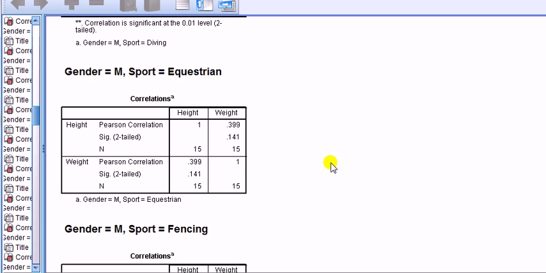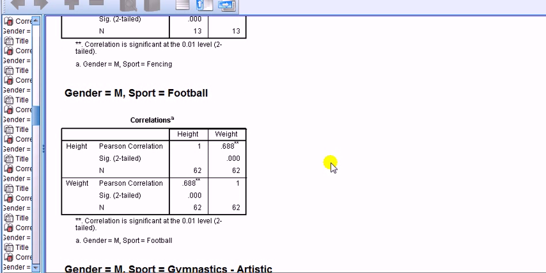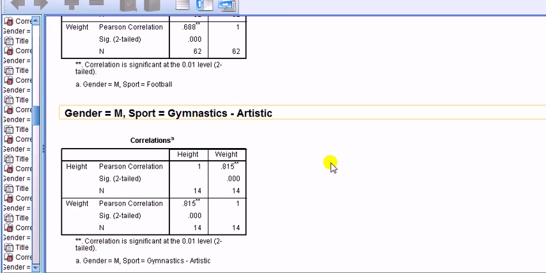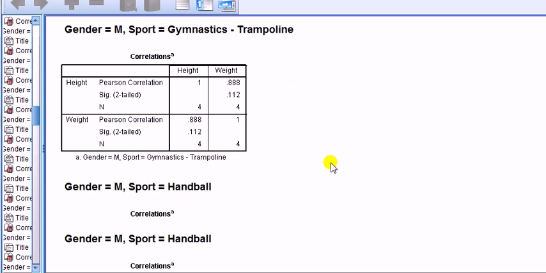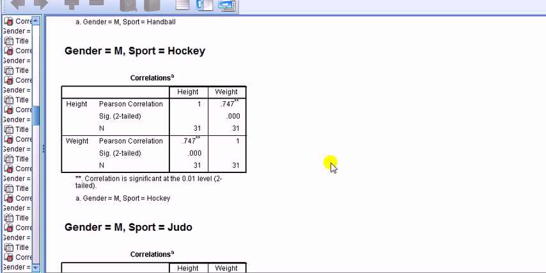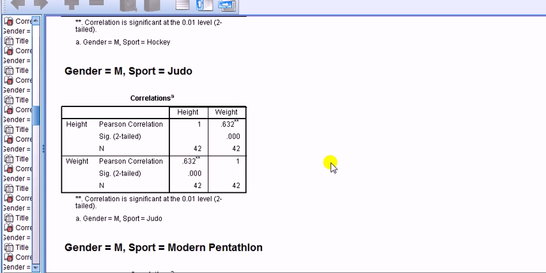That's below half. Fencing, high, 0.8. Football or soccer is 0.69. Artistic gymnastics, 0.8. Trampoline, 0.888. Handball, 0.89. Hockey, 0.75. Judo, 0.6.